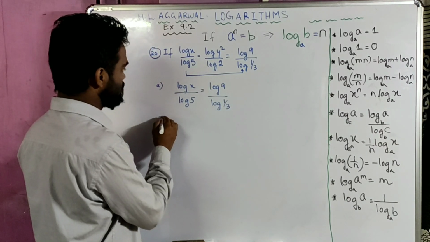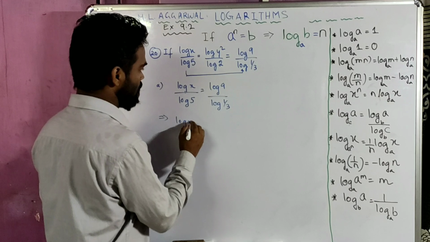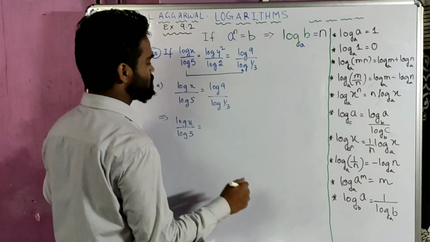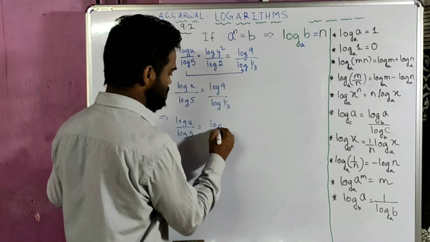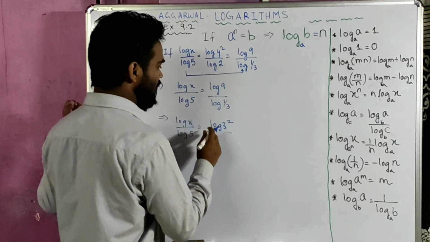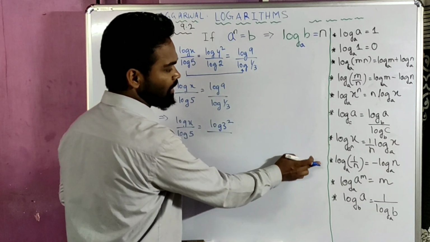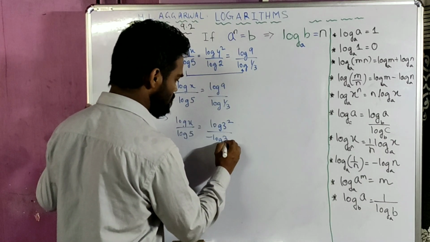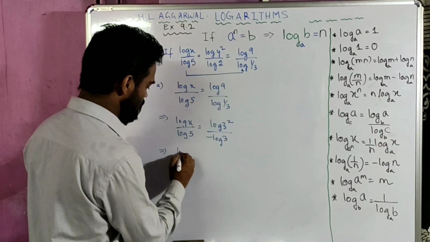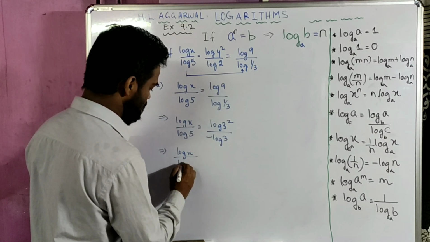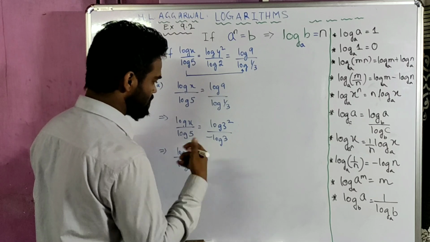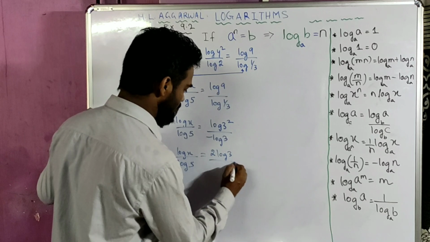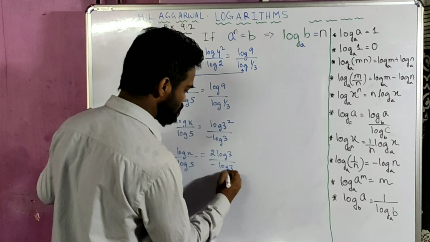Clear? Now we can write log x by log 5 equals, now log 9, can I write it as log 3 square? And you know log 1 by n is minus log n. So this we can write as minus log 3, which now gives log x by log 5 is equal to 2 log 3 by minus log 3.